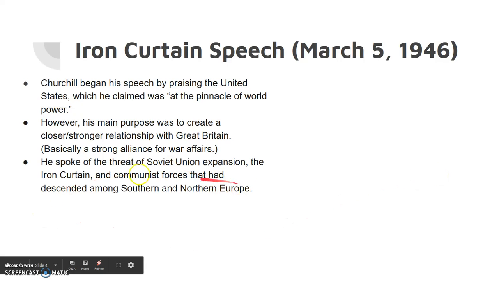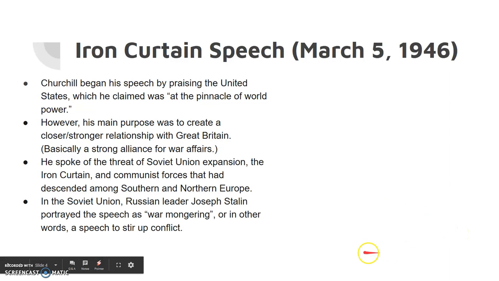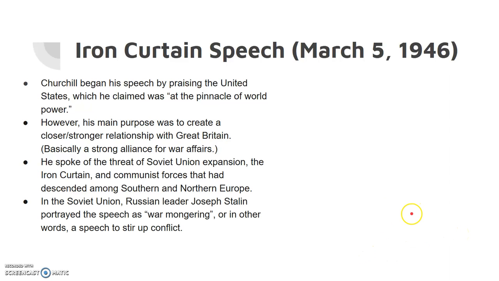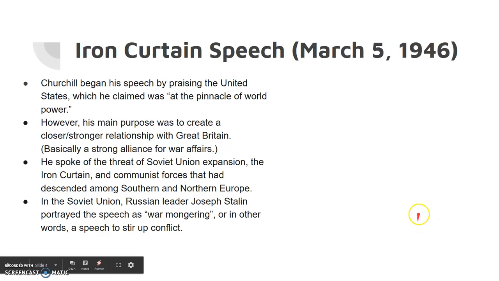And then he essentially warned of the Soviet Union's expansion, the Iron Curtain, and communist forces that had descended around southern and northern Europe. In the Soviet Union, Joseph Stalin portrayed this speech as warmongering, or in other words, just to stir up conflict.